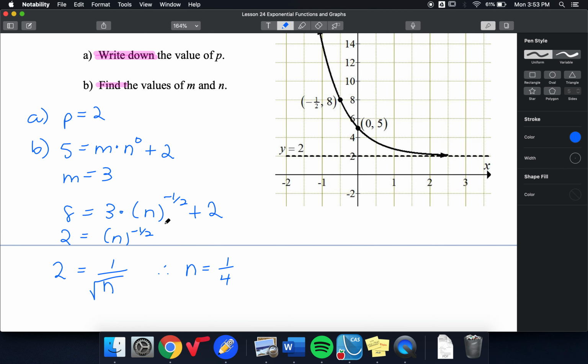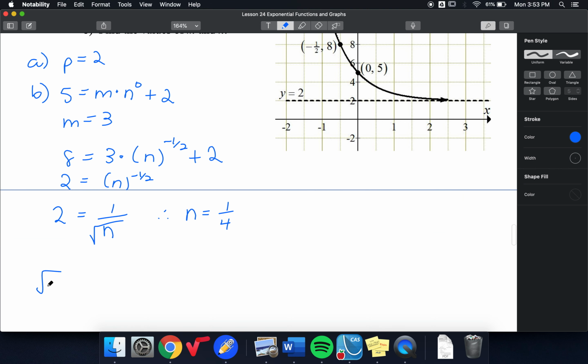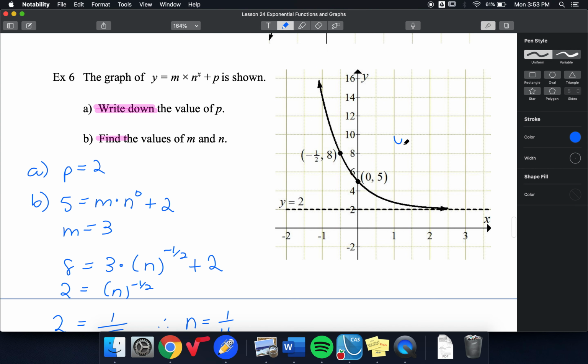I could keep going with this algebraically. I could say root n equals 1/2. Moving things around, that's where I got that 1/4 from. So y equals 3 times (1/4)^x plus 2.